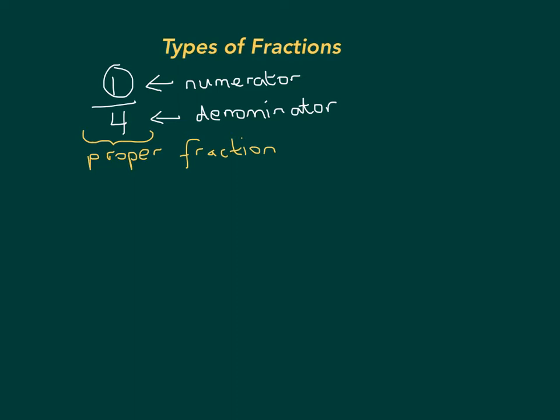When the numerator is larger than the denominator, for example, if we said 5 over 4, and the numerator is larger, we would call this an improper fraction.